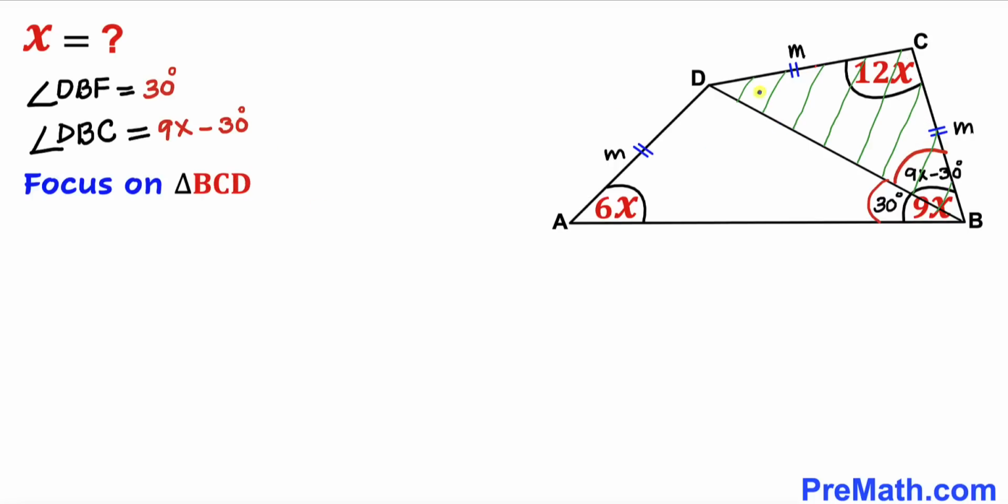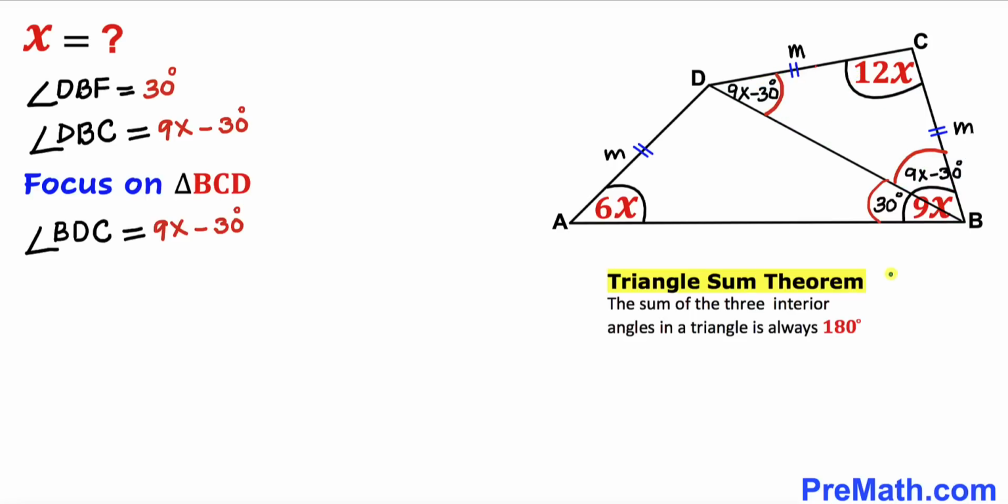And here's our next step. Let's focus on this triangle BCD. We know that this is an isosceles triangle since this side length equals this side length. So therefore this angle has got to be equal to this angle. If this angle is 9x minus 30, this angle has got to be 9x minus 30 degrees as well.